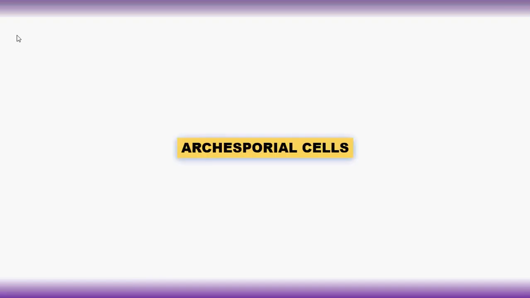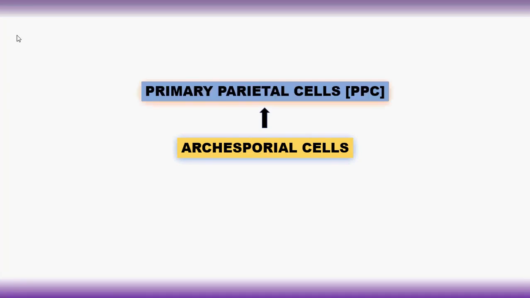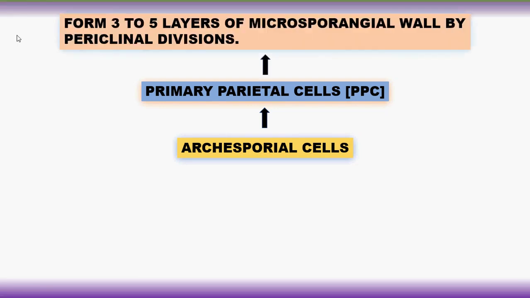On maturation, the microsporangium produces archisporial cells. These archisporial cells undergo transverse division or periclinal division. During this division, the cells which are formed towards outside are called primary parietal cells, which are further divided to form 3 to 5 layers of microsporangial wall.